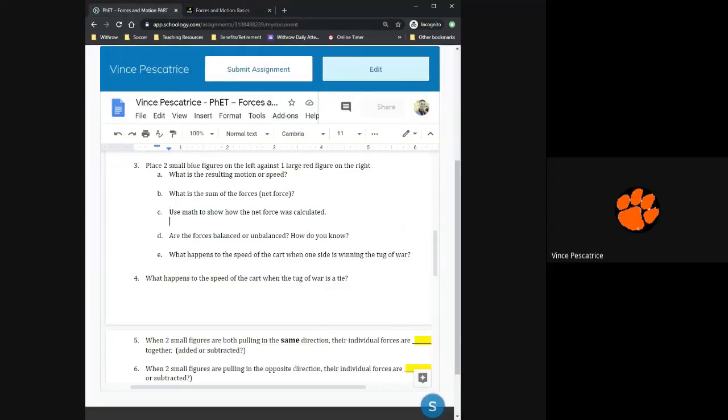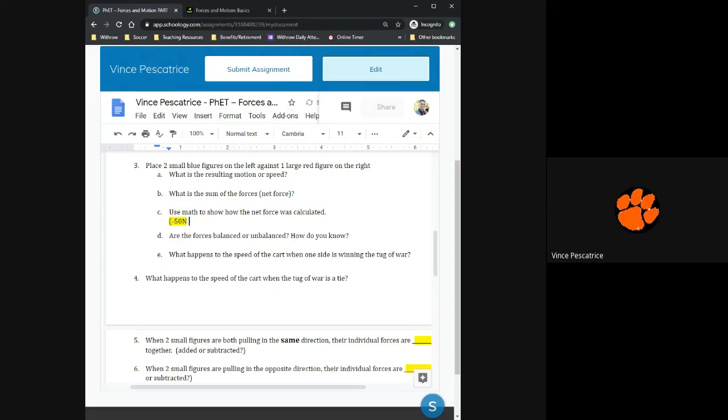For the math part, again, we're going to start with parentheses. The forces on the left were just like the last time. So we have 50 negative. Remember, 50 negative just means to the left. That's all negative means, is to the left.